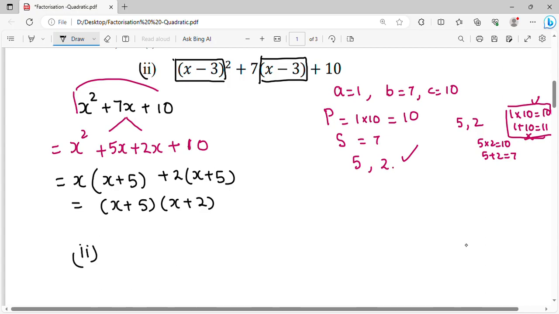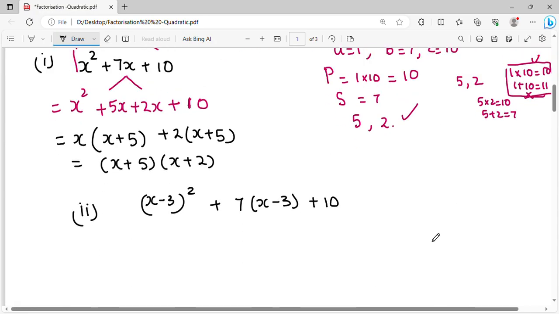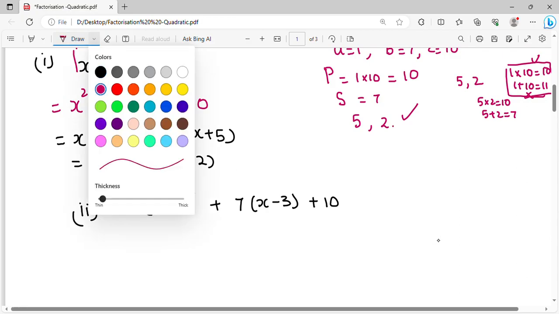This was question 1. So that is x minus 3 the whole square plus 7 multiplied by x minus 3 plus 10.